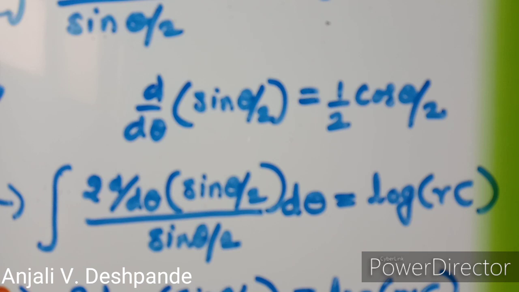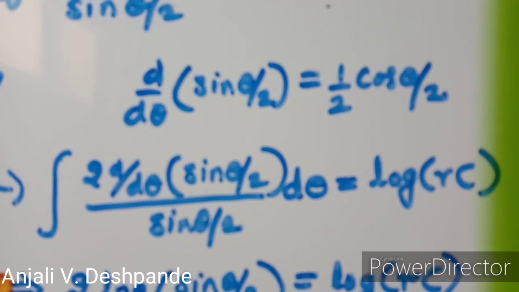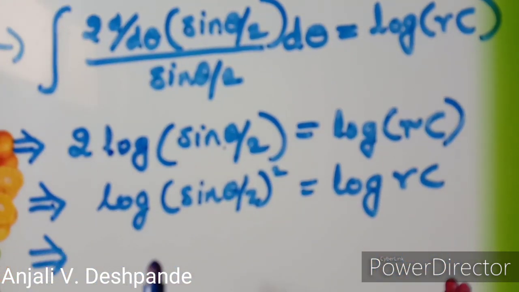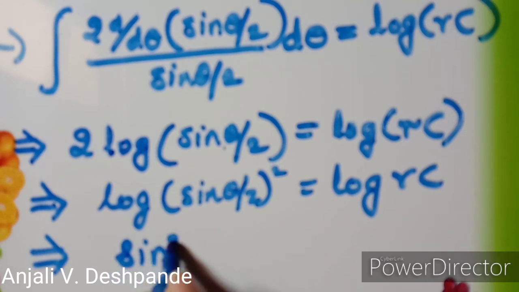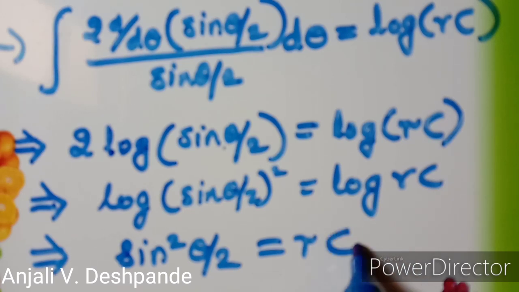Correct? So now we can write further, this is 2 log, so I can again use the laws of logarithms and write this as log of sin theta by 2 square is equal to log rc. In other words, this implies sin square theta by 2 is equal to r into c.